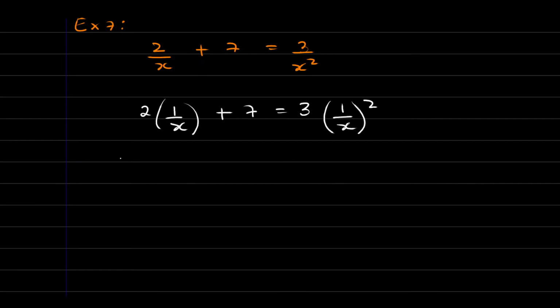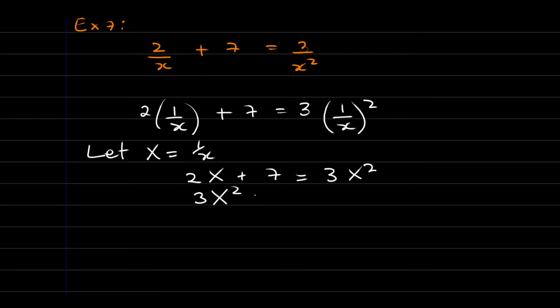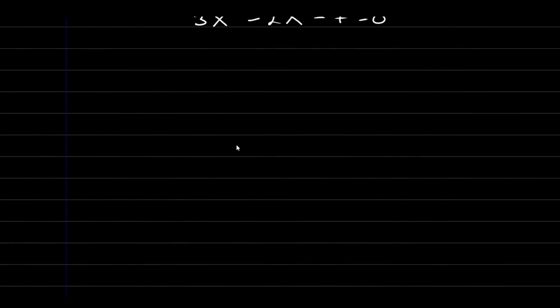And then I'm going to just let x equal 1 over x, and I'm going to get 2x plus 7 equal to 3x squared. And put everything on one side. I'm going to get 3x squared minus 2x minus 7 equal to 0. Okay, that's that.